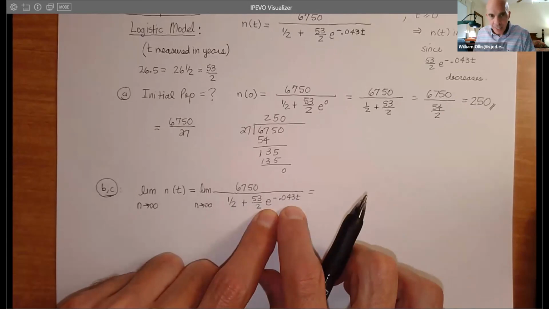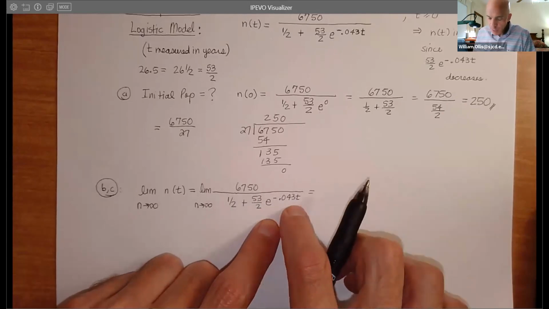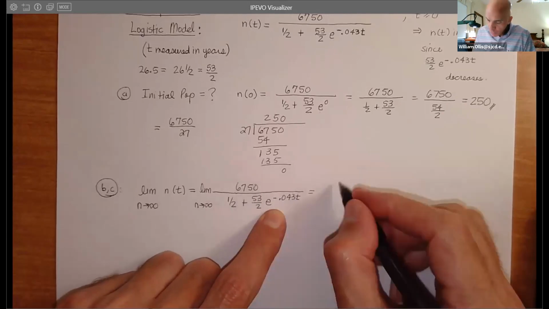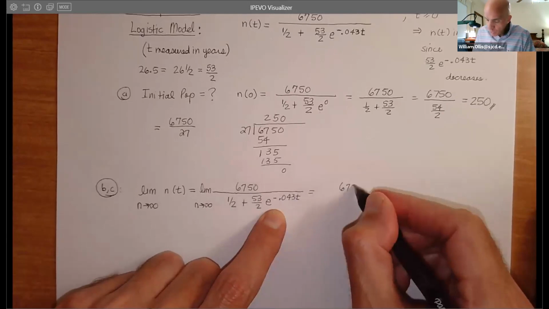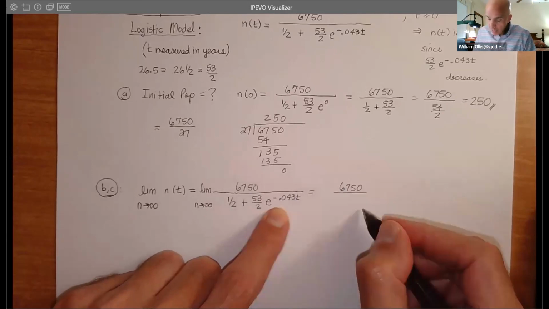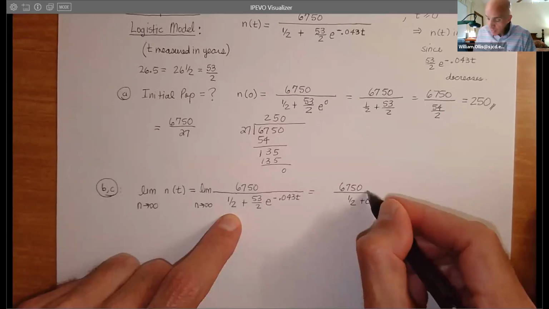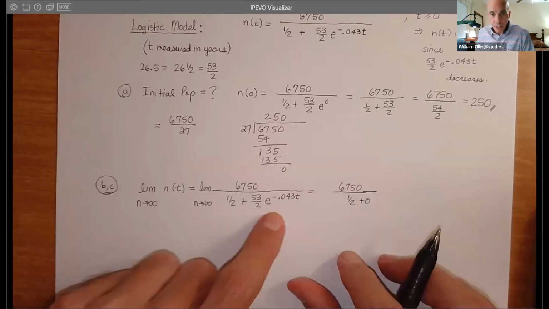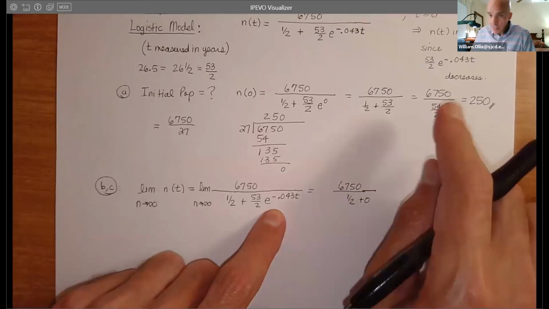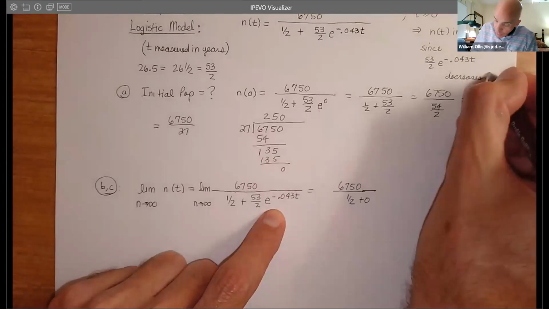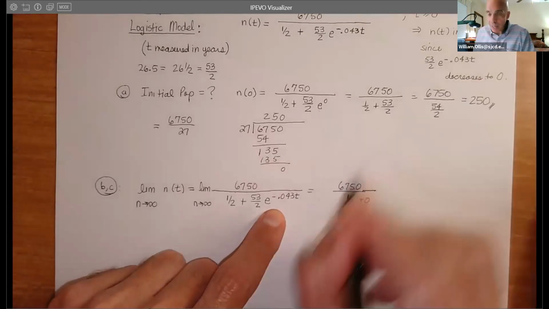So in the limit, this 53 times the exponential can be replaced with 0. So that only leaves 6,750, which doesn't depend on t, and the 1/2. And of course, we get the 0 because in the limit, that converges to 0. Again, it decreases, and we know it decreases to 0. Might as well go ahead and say it.